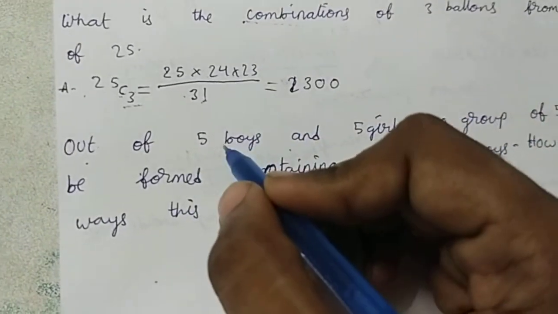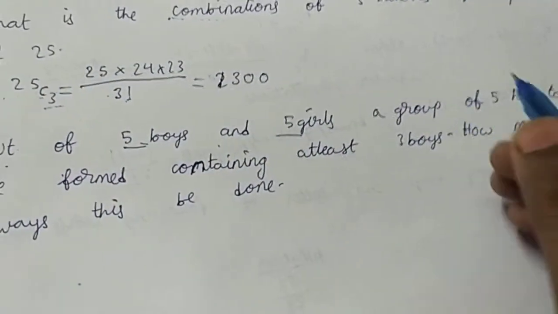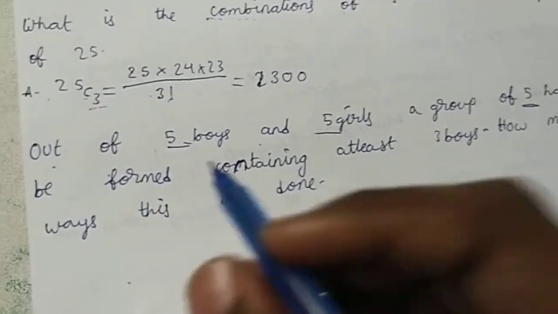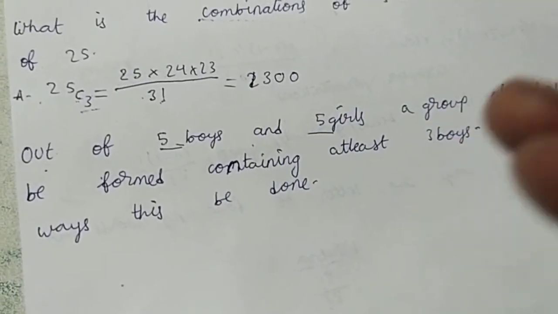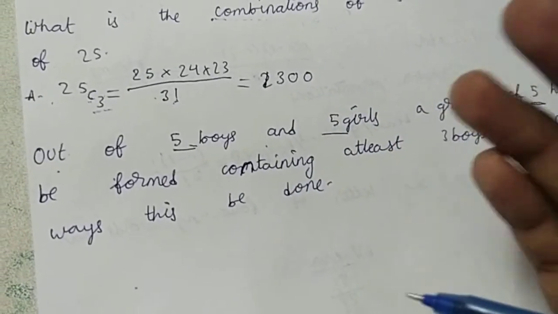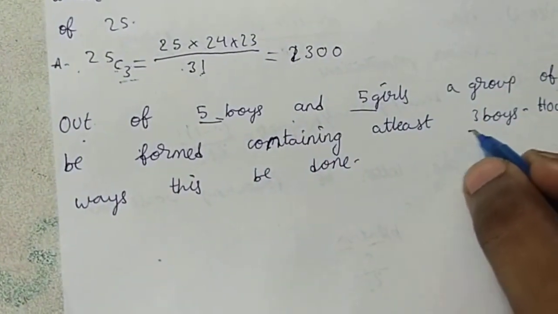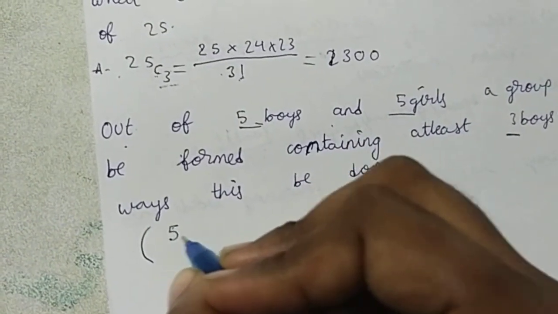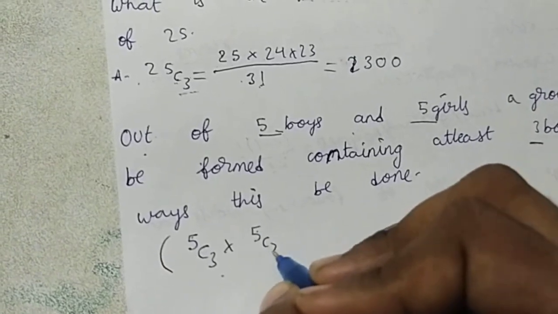They gave 5 boys and 5 girls, and a group of 5 members is to be formed containing at least 3 boys, which means the majority is boys. So we start from 5C3 into 5C2.